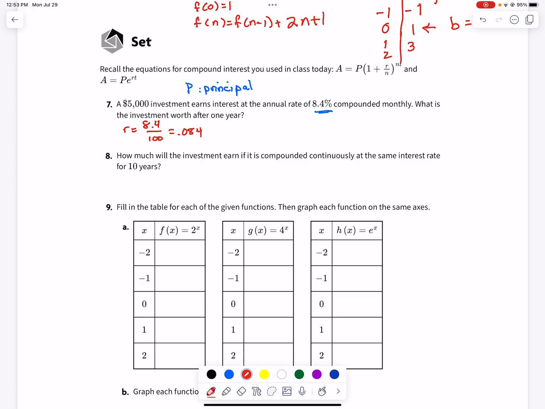Let's see, P is 5,000 principal. Compounding monthly. Okay, and 1 year, so T is 1.